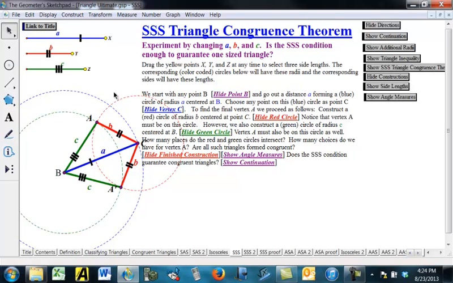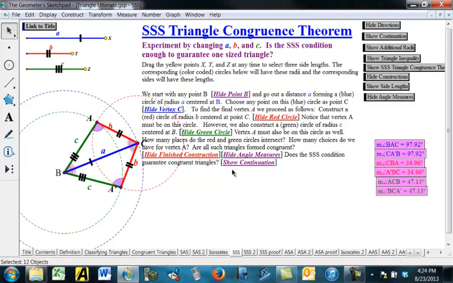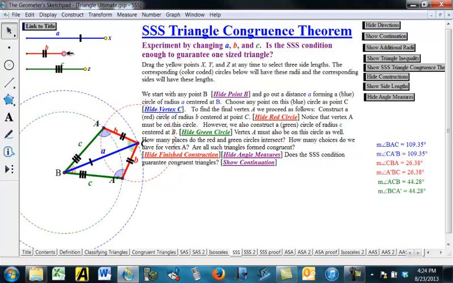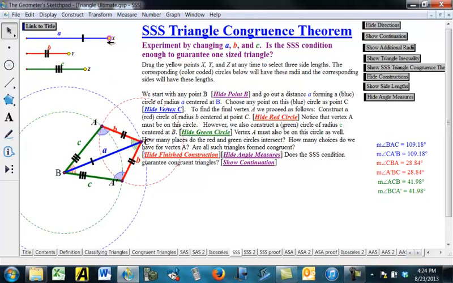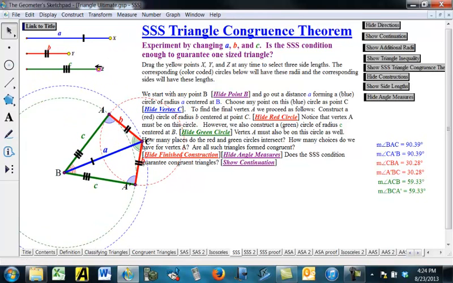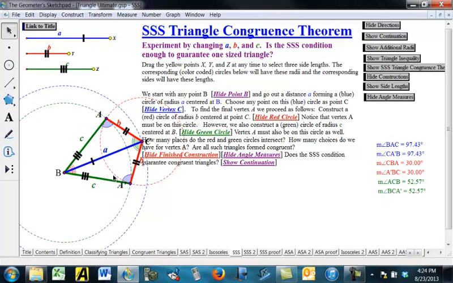However, it turns out if we measure the angles on them, which you can see over here, it doesn't matter which ones we pick, and no matter how we pick these lengths, when we get these two triangles, they are actually just mirror images of each other, and so they're congruent triangles. So even though we do get two different triangles in the sense of mirror images, they are both the same triangle in the sense of their size, in the sense that they're congruent.